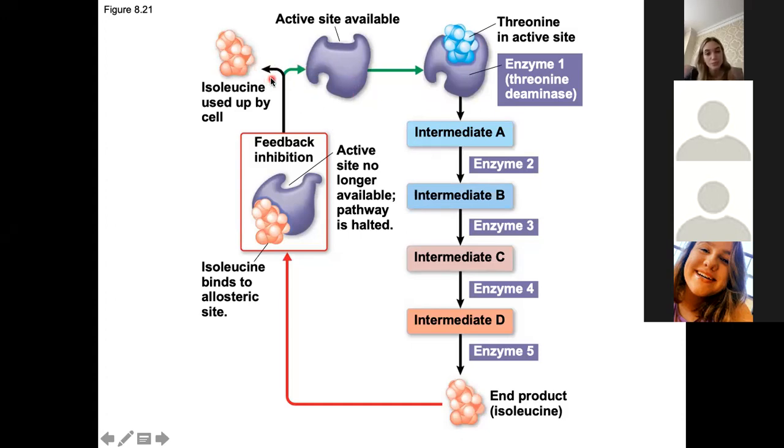Well, this may sound strange because isoleucine is the end product here. And when I bind isoleucine here, I'm going to slow down the activity of the enzyme. The way in which this works is this binding of isoleucine is not a permanent binding. It comes and goes, comes and goes.